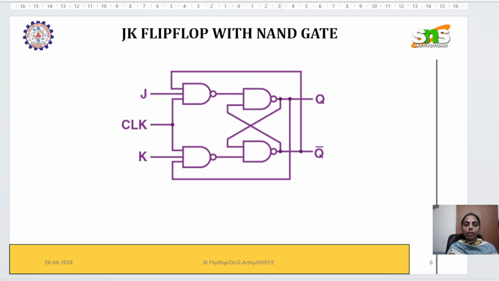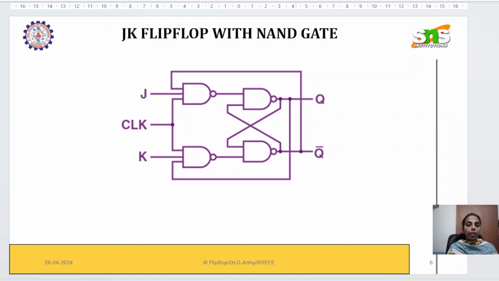So if you see the JK flip-flop, the one difference compared to SR flip-flop is Q dash is being given as input to this NAND gate, and Q is being given as input to this NAND gate, right?